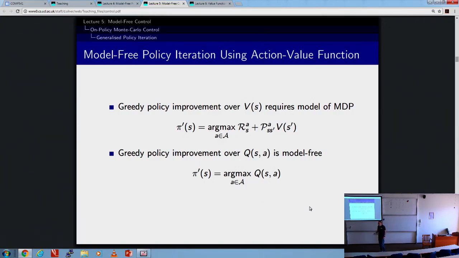However, if you have the Q function, and that's why the Q function actually is most important, not just to confuse you with a redundant definition, but to solve this problem. If somebody hands you a Q function, then you can implement a greedy policy very easily. Why? Q function has two arguments, state and action.